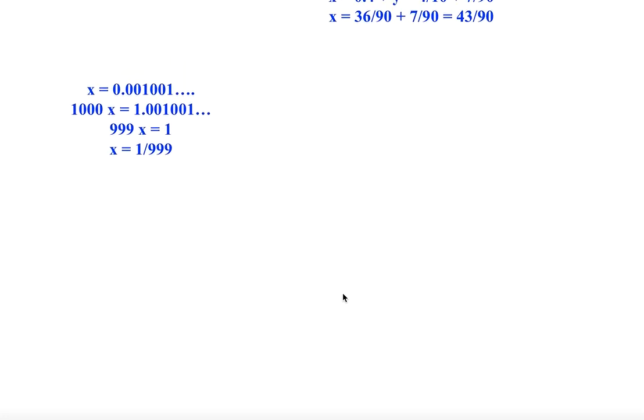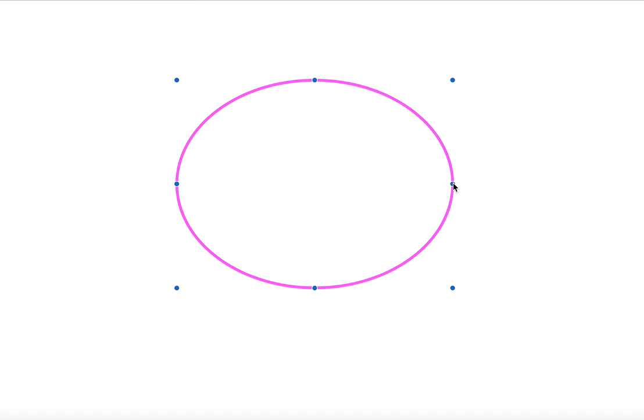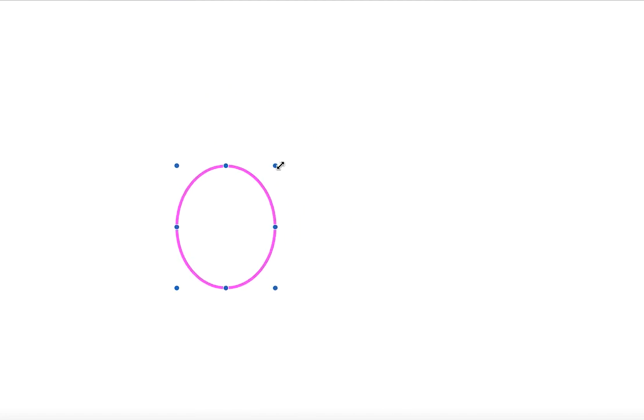Okay, this is where we got an empty sheet. What do we want? We want an oval, like a circle. You can make it like a circle, no problem.